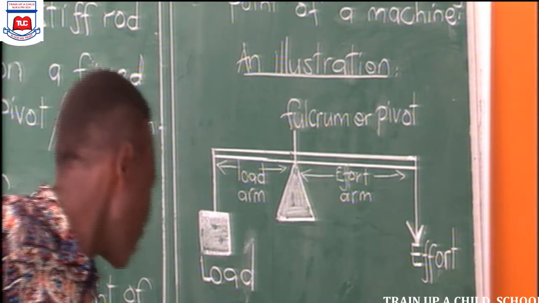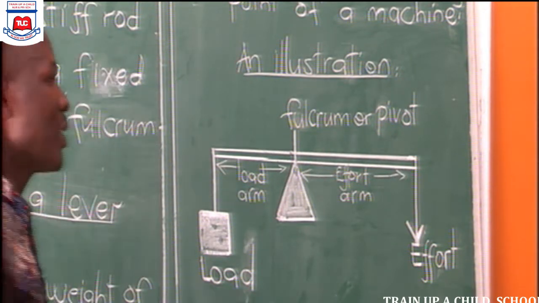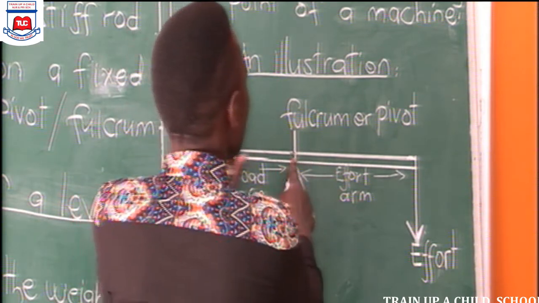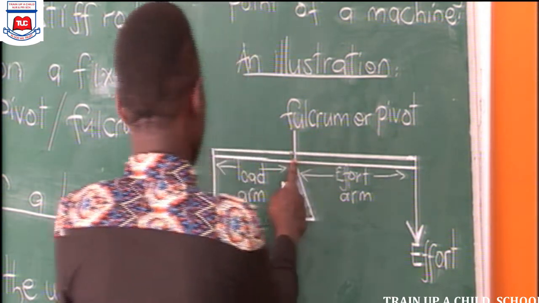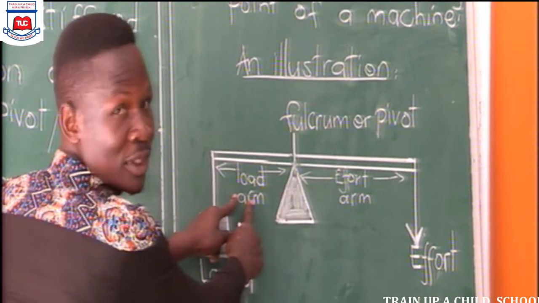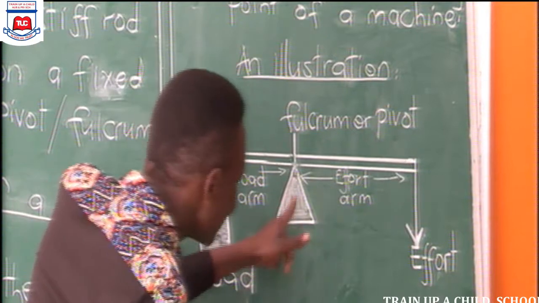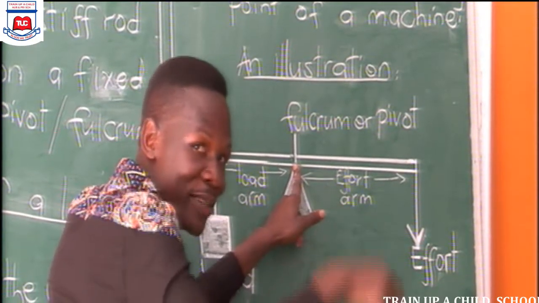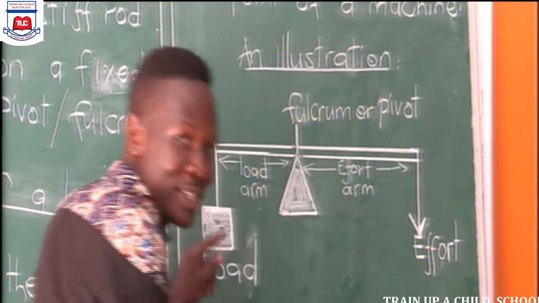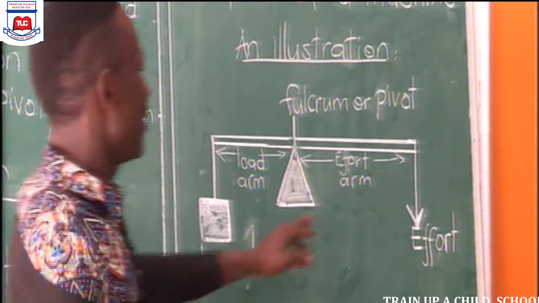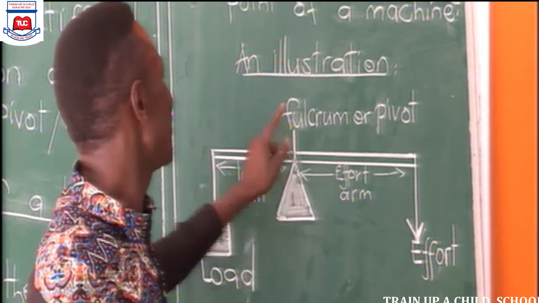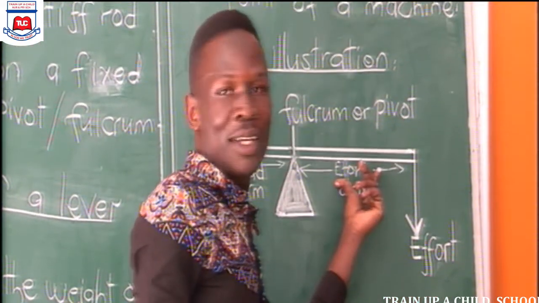So we have definitions of these parts of a lever. But before we define these parts of a lever, let's look at the distance between the fulcrum and the load. The distance between the fulcrum and the load is called load arm. The distance from the turning point of a machine to the load is called load arm. Then the distance between the fulcrum and the effort is called effort arm.